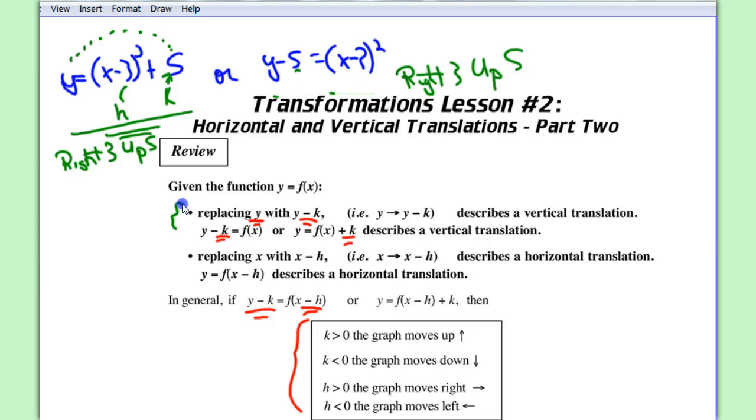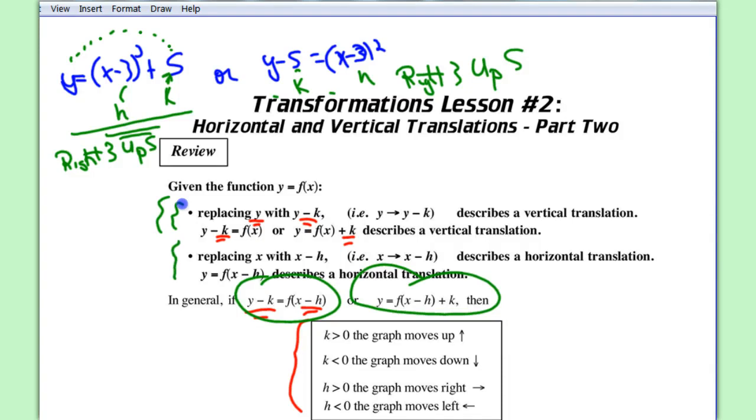That's not H. This is still our H value, and this is still our K value. As you can see, it can be written in two forms, and you need to be 100% clear and understand it.